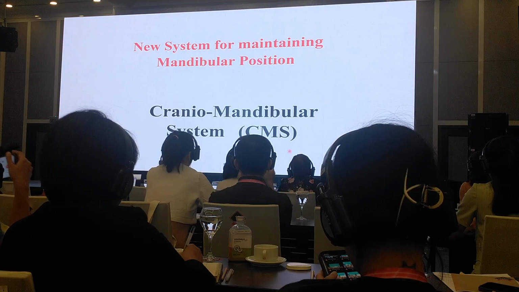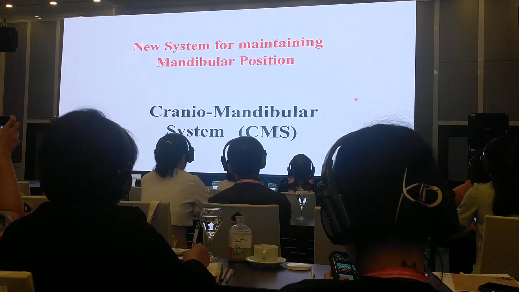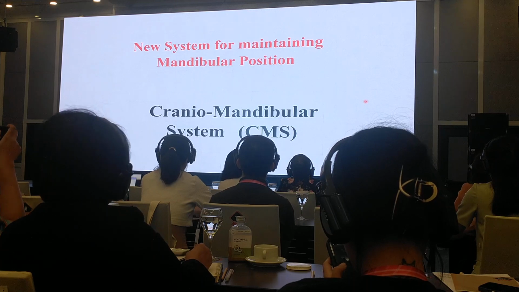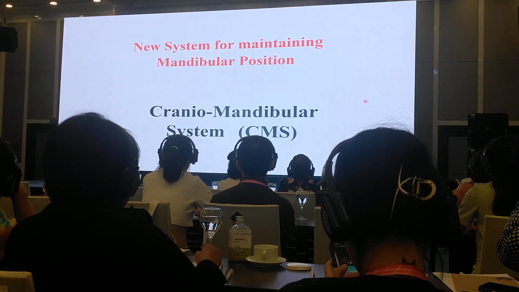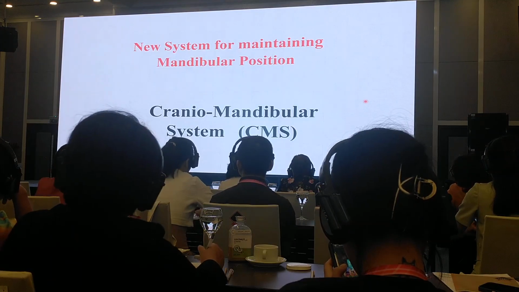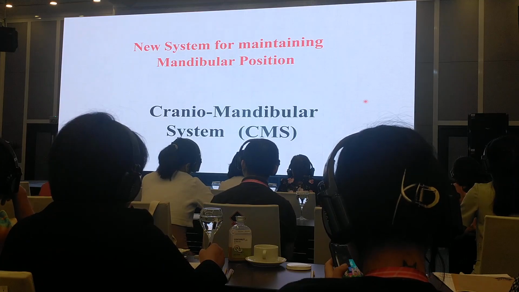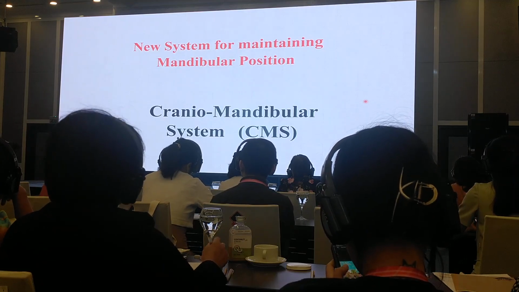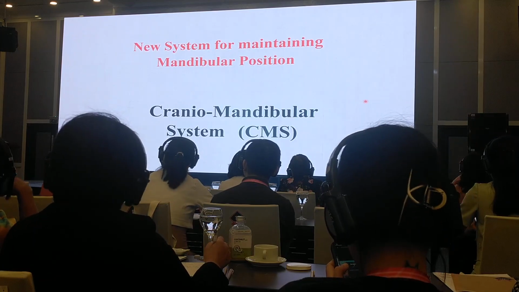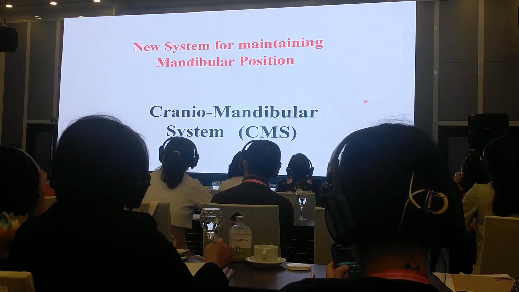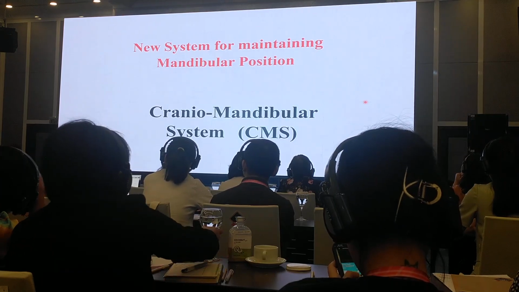This is a system because if you think about the TMJ, many people talk about the temporomandibular joint. The temporomandibular joint is just a joint. Everybody talks about the condyle, disc displacement, only here.